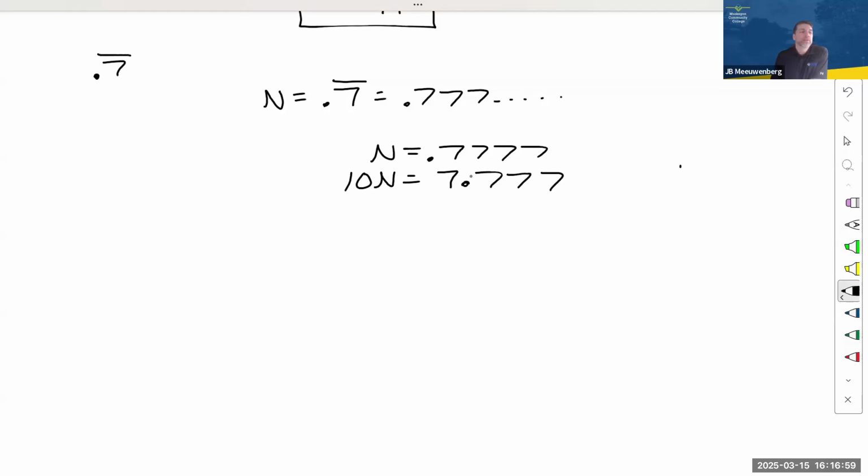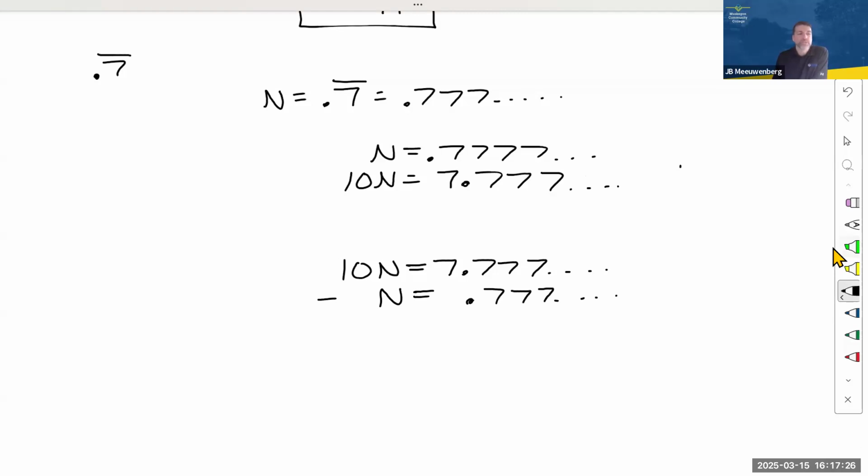So it'll be 7.777. Now, the reason I only did 10 here was because if you think about what we're going to try to do, we're going to try to subtract, right? We take 10n, which is 7.777 repeating, and we're going to subtract n, which was 0.777 repeating.